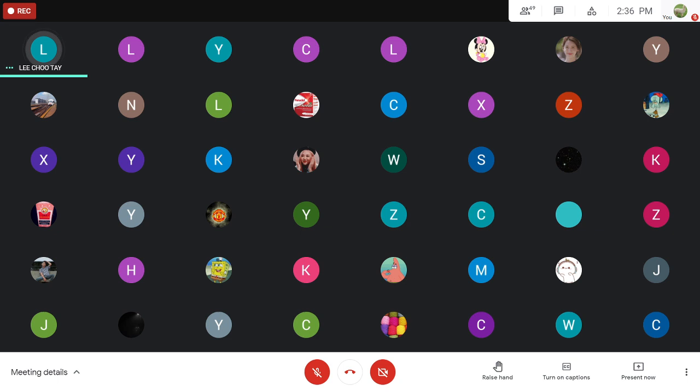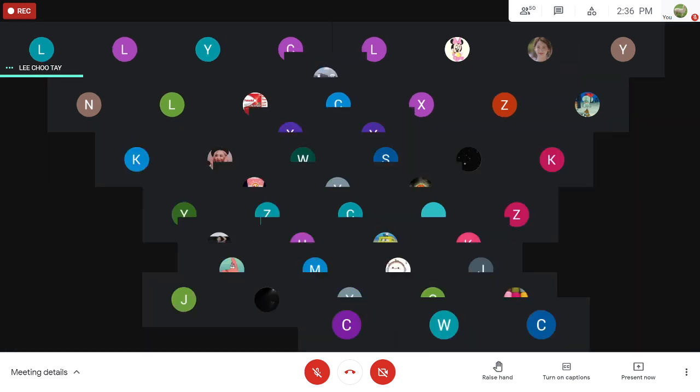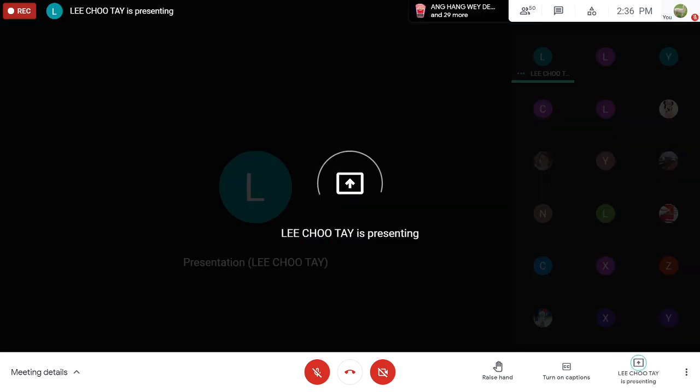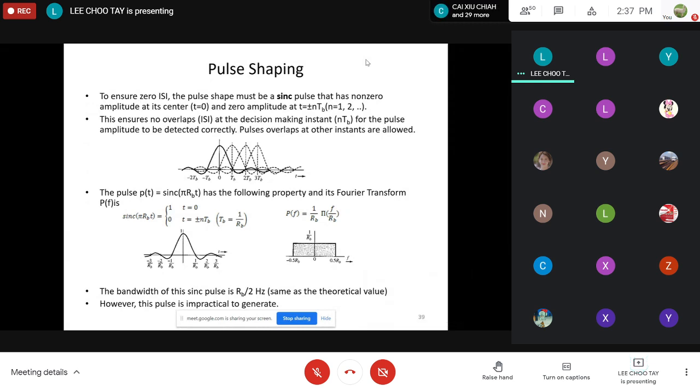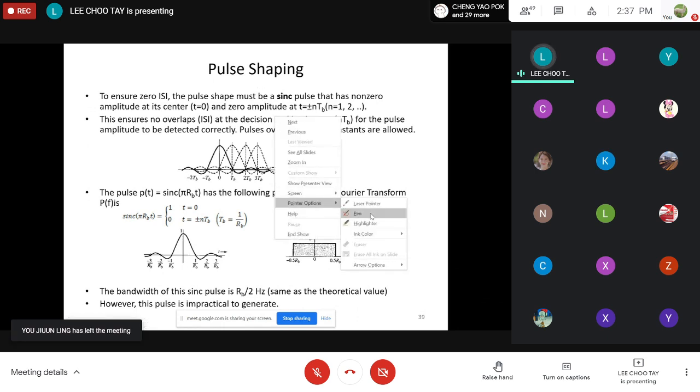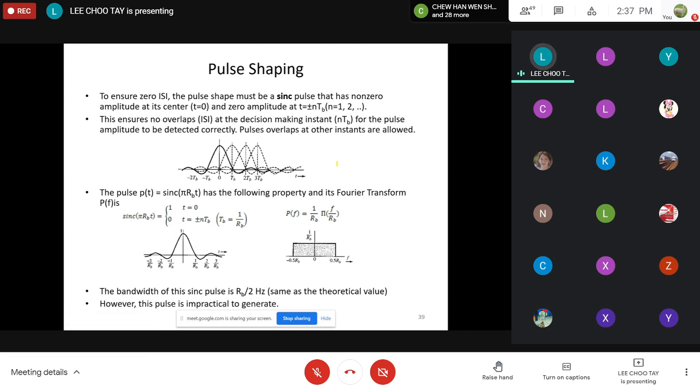All right, so let's move on to pulse shaping. The line codes that we have generated so far are actually rectangular in shape.